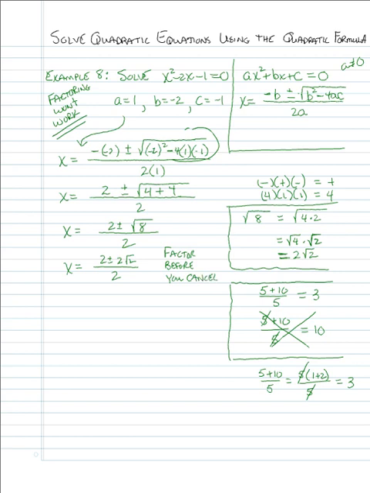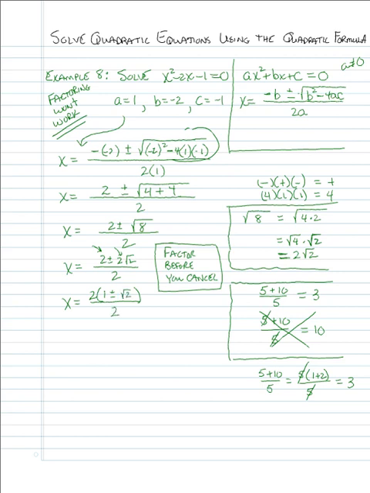I know many students would have been incorrect by jumping the gun. In fact, they'd cancel that first 2 on top and that 2 on bottom, but we can't do that. We have to look at that numerator and recognize that 2 goes into this and 2 goes into this. So 2 is a common factor. When we factor 2 out, that leaves a 1 in the first position, that plus or minus sign, and a square root of 2 in the second position.